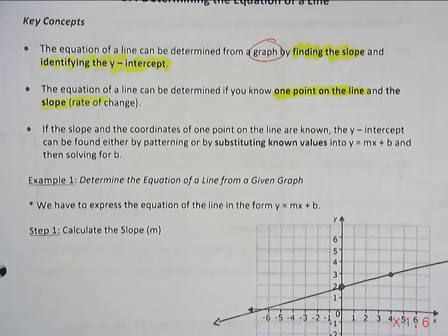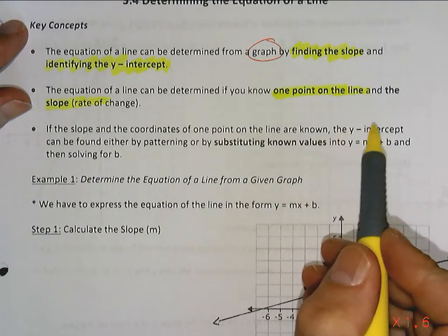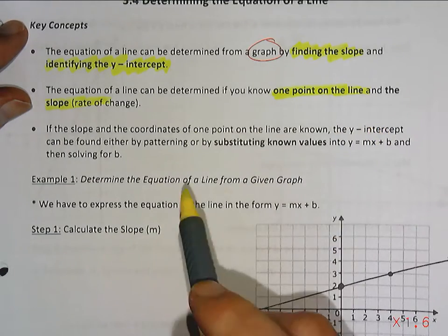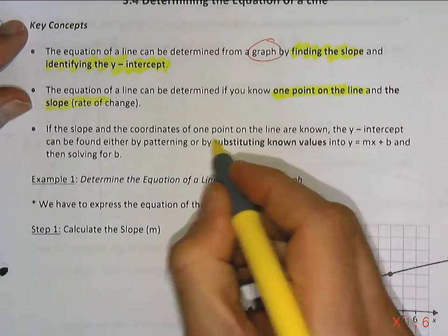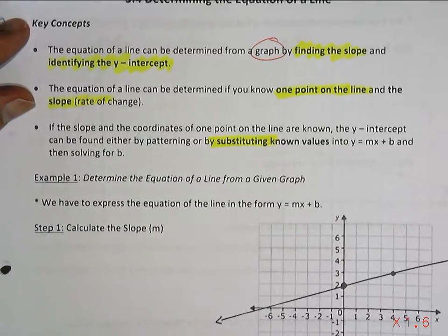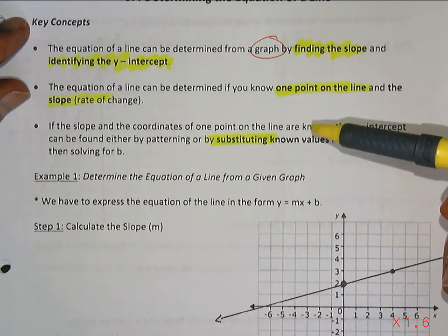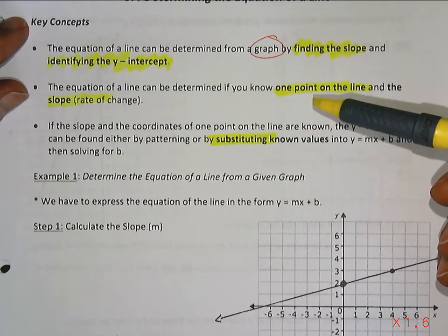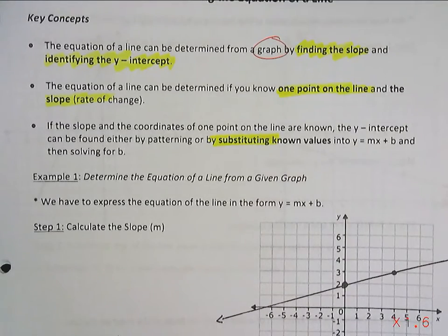And finally, if the slope and the coordinates of one point are known, the y-intercept can easily be found by patterning or substitution. And we're going to show you how to do that later today. So right up here, I'm telling you, if I give you a picture, a graph of a line, and you can figure out the slope and at least one point, we can determine the equation of the line. That's what I'm trying to tell you here.